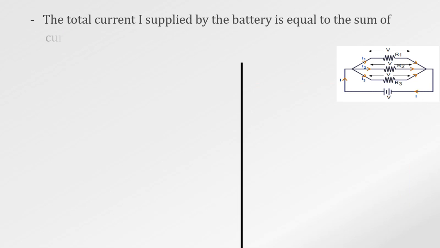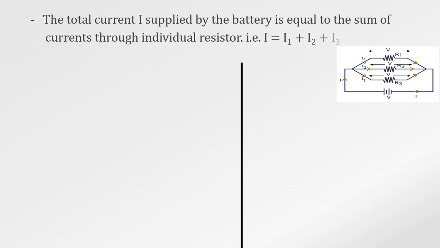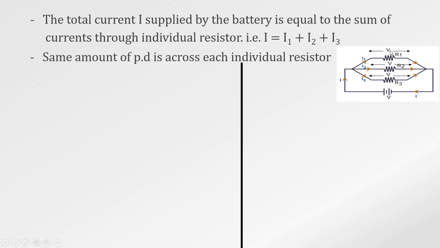So how do we get the total resistance? The total current supplied by the battery is equal to the sum, because it is split: I is equal to I1 plus I2 plus I3. But the PD across each of them, V, is the same.